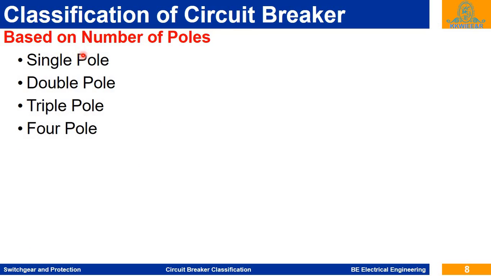Depending on the number of poles, the circuit breaker, they are classified as single pole, double pole, triple pole and four pole. In the transmission and the distribution of the electrical power, the triple pole circuit breakers, they are used at ultra high voltage, extra high voltage and medium voltage and low voltage circuit breakers. Three poles are there.